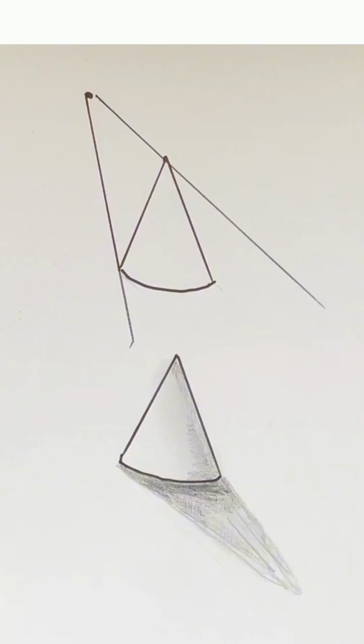Finally, the cone. As with the other shapes, find the light source and the guidelines. With practice, you soon won't need the guidelines.